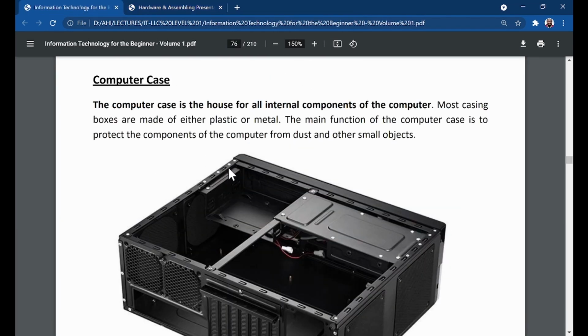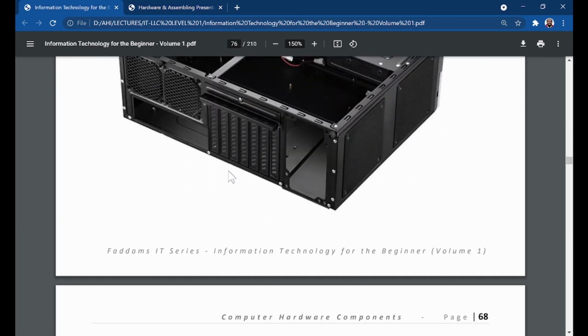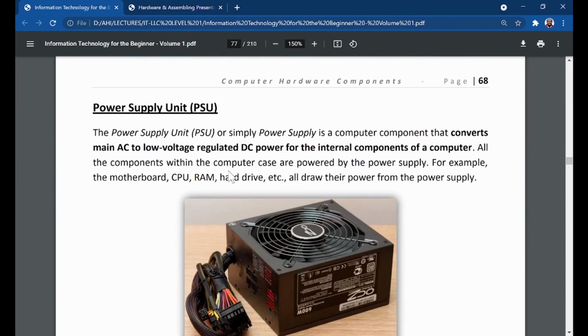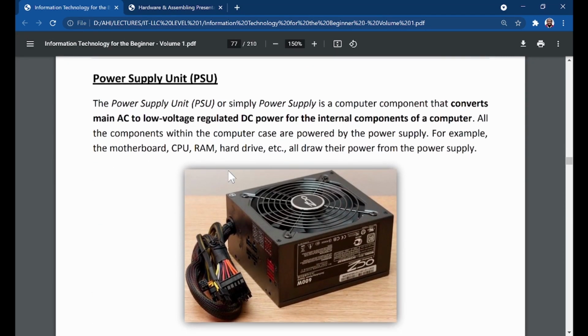All right, now we are done with computer case. Let's move to the next component. The next component is called the PSU. The PSU, power supply unit. The power supply unit, PSU, or simply power supply, is a computer component that converts main AC to low voltage regulated DC power for the internal components of a computer.